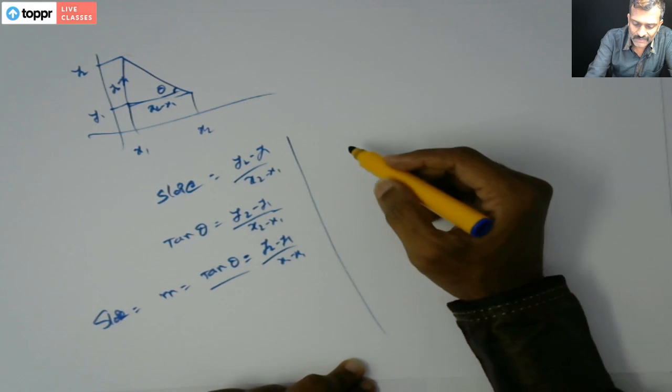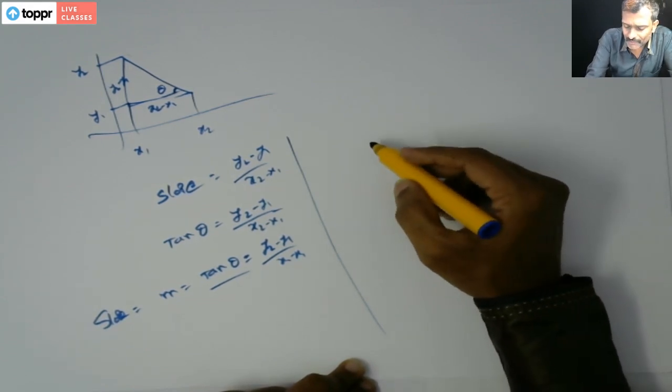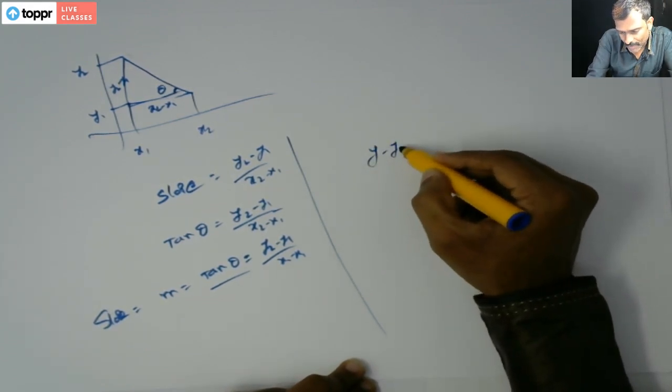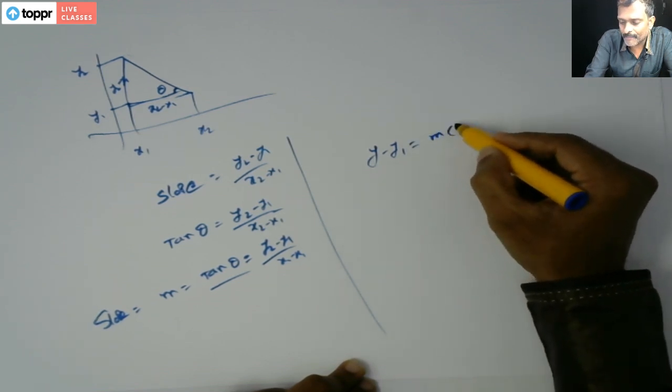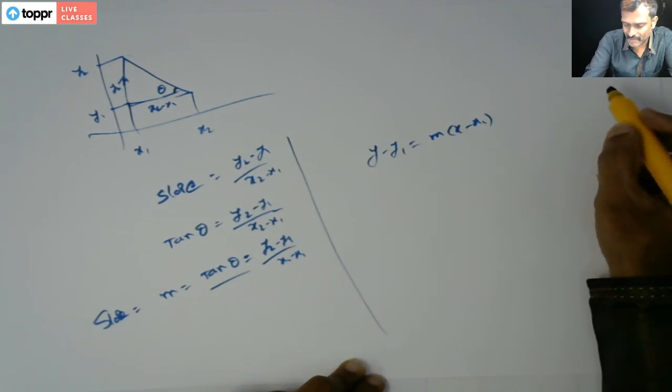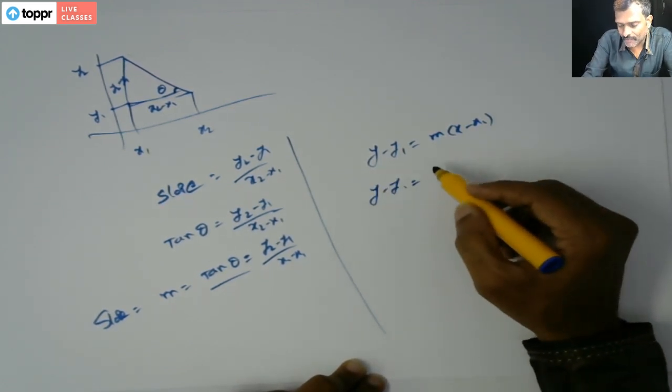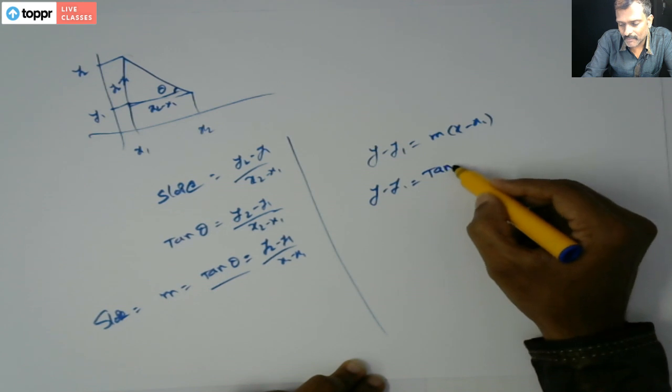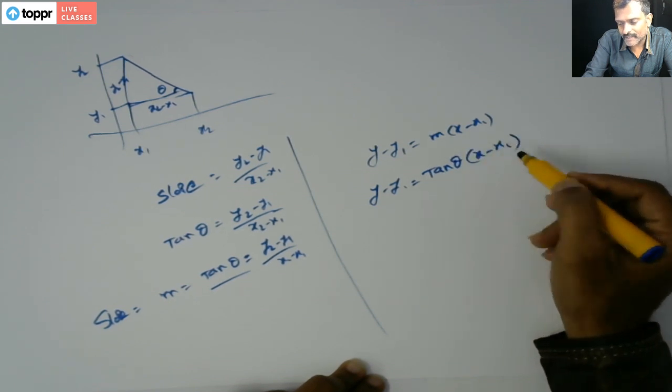Now, when I have this equation, y minus y1 is equal to m into (x minus x1), the one point formula, the point slope formula you can say. Here I can write y minus y1 is equal to m, which is nothing but tan theta, times (x minus x1).